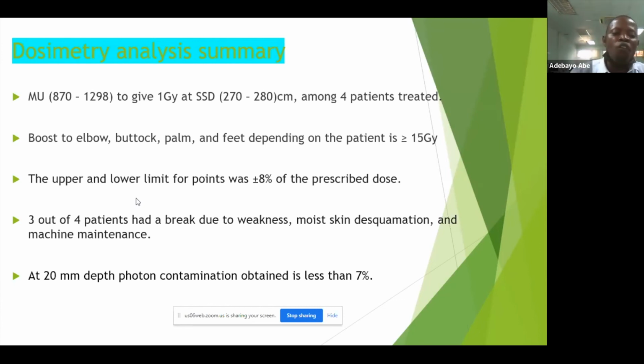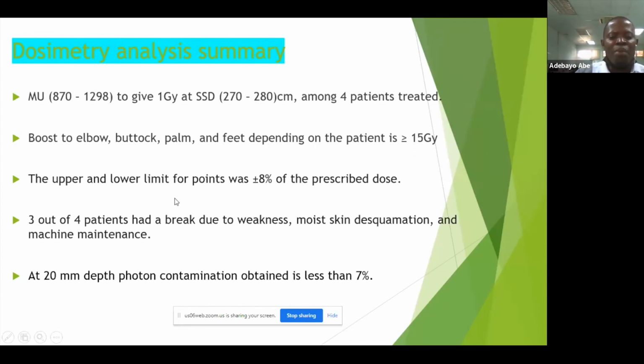We will use it to convert to achieve 1 gray, and these are the various SSDs used among the 4 patients treated. Then some patients were given a boost to elbow, buttock, palms, and feet, depending on the patient. And the various range of the boosters that were given was nothing less than 15 gray.